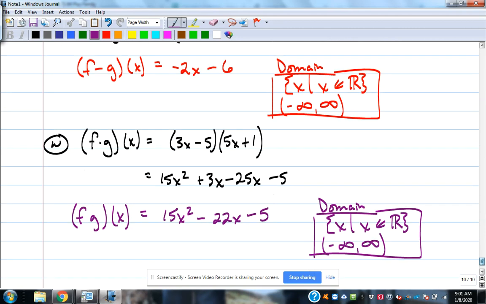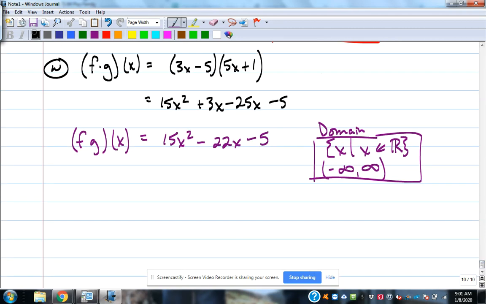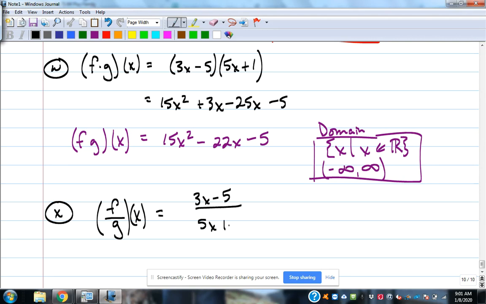Okay, one more operation to do. f divided by g of x. Same two functions, 3x minus 5 over 5x plus 1. Is there anything I can do to simplify that?